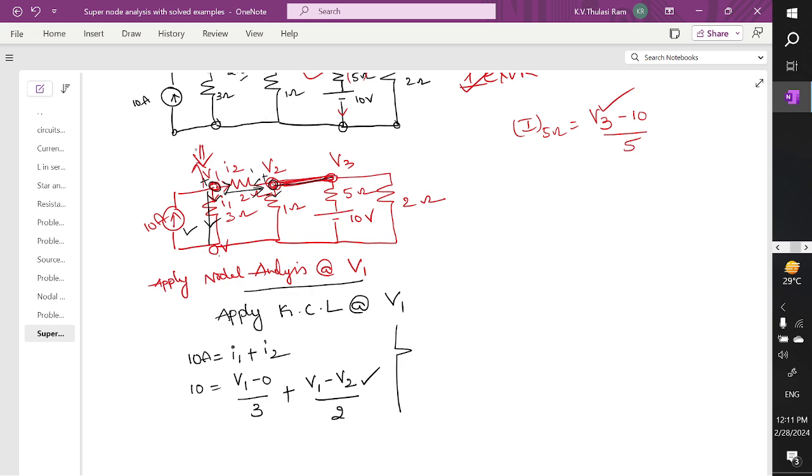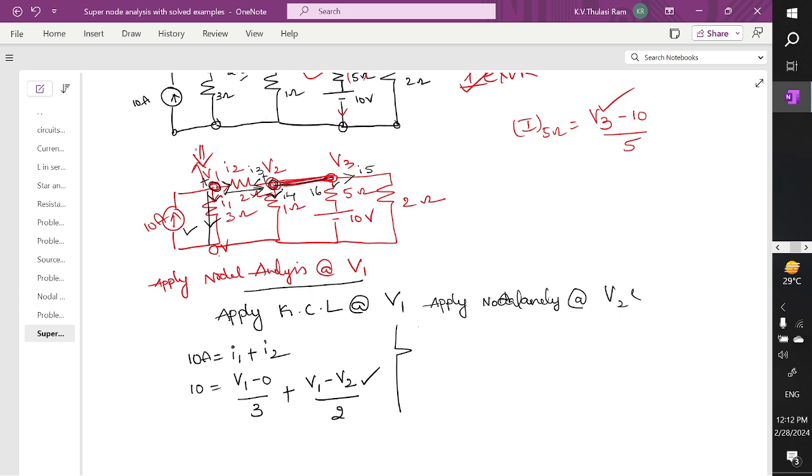Let's try to mark this current as I3 current, this current is some I4 current, the same will flow here, and this current is some I5 current, and this current is some I6 current. Now we need to apply nodal analysis at which node?